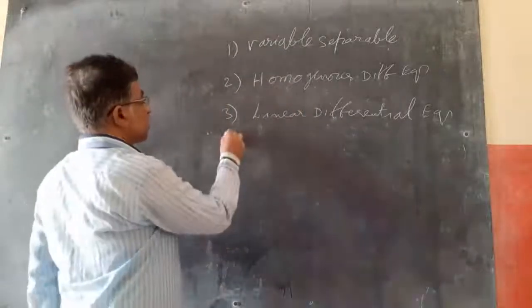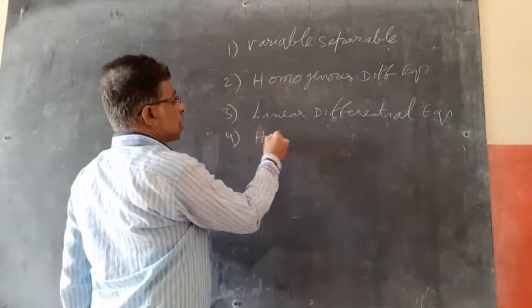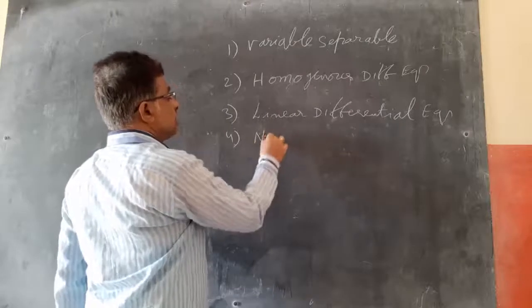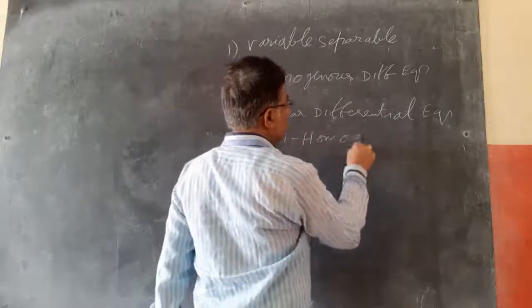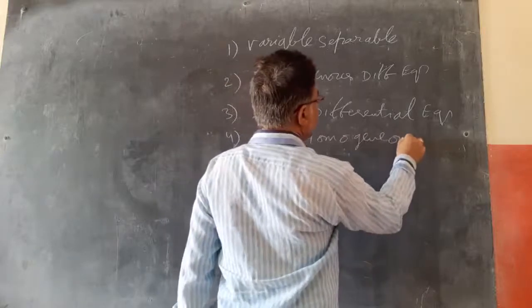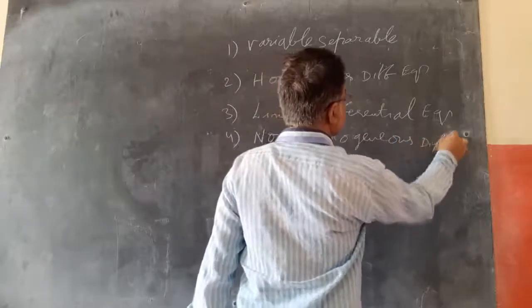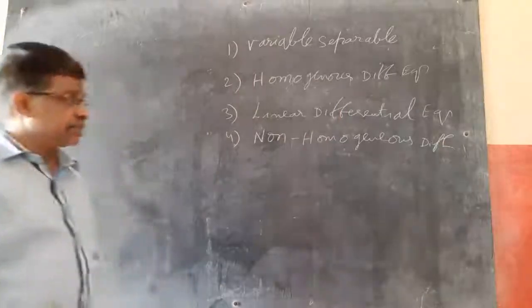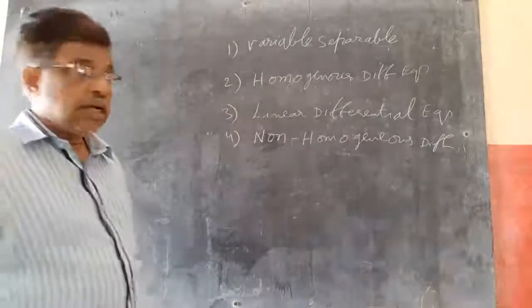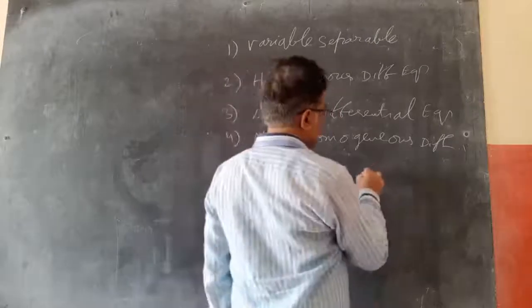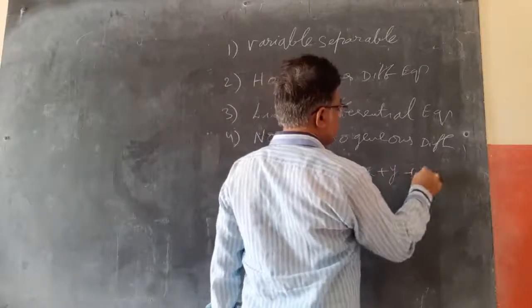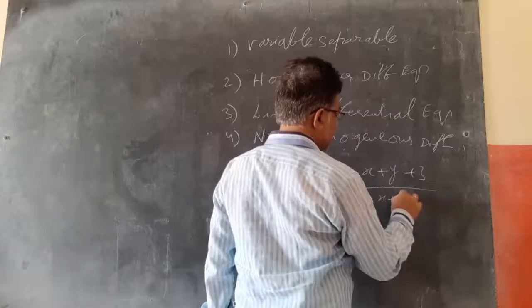And the fourth type is non-homogeneous differential equation. Non-homogeneous means which is not homogeneous, like dy by dx equal to x plus y plus 3 by 2x plus y minus 7.